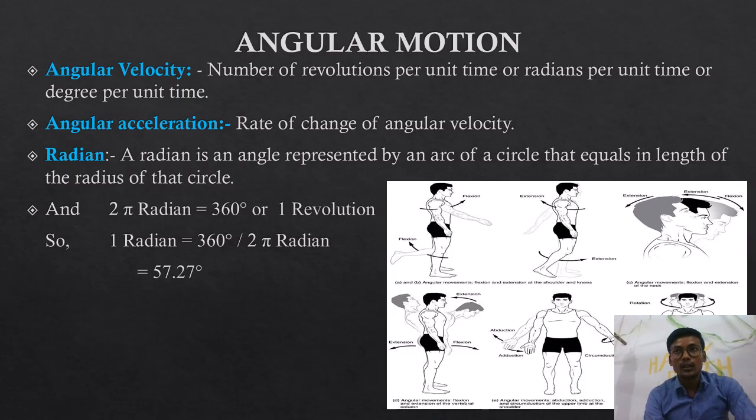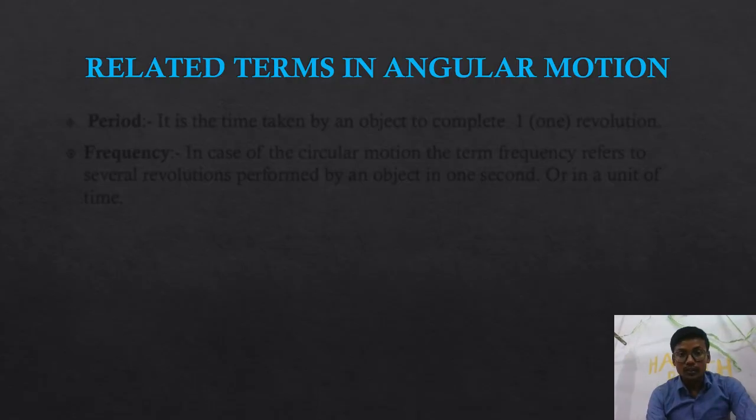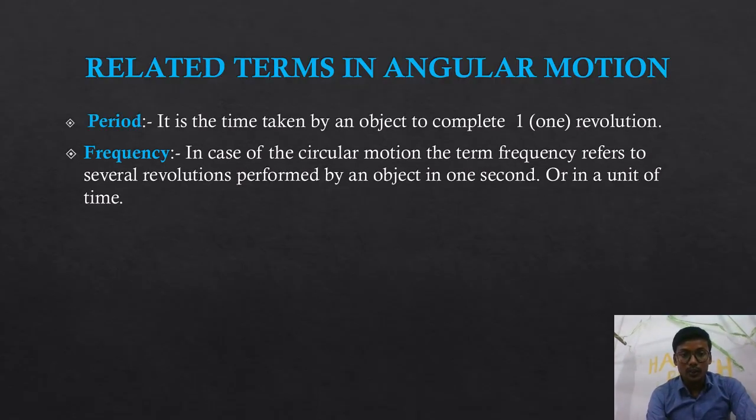Can you tell me 1 radian equals how many degrees? If you calculate, 1 radian is about 57.27 degrees.